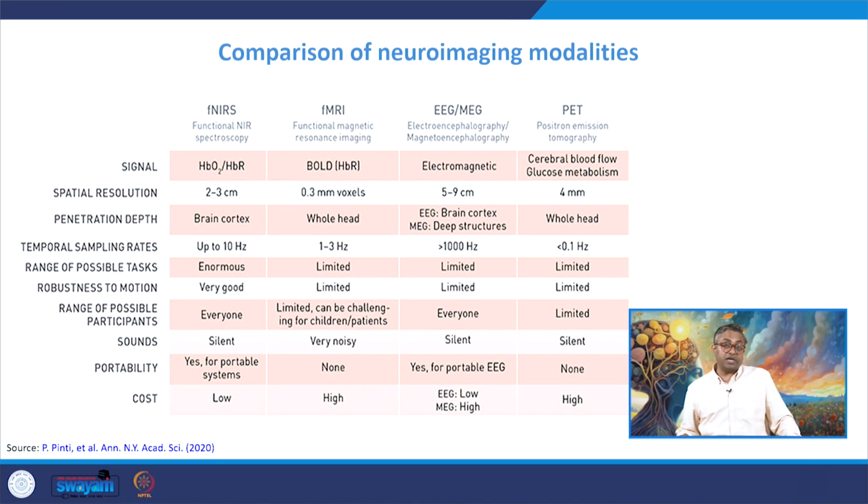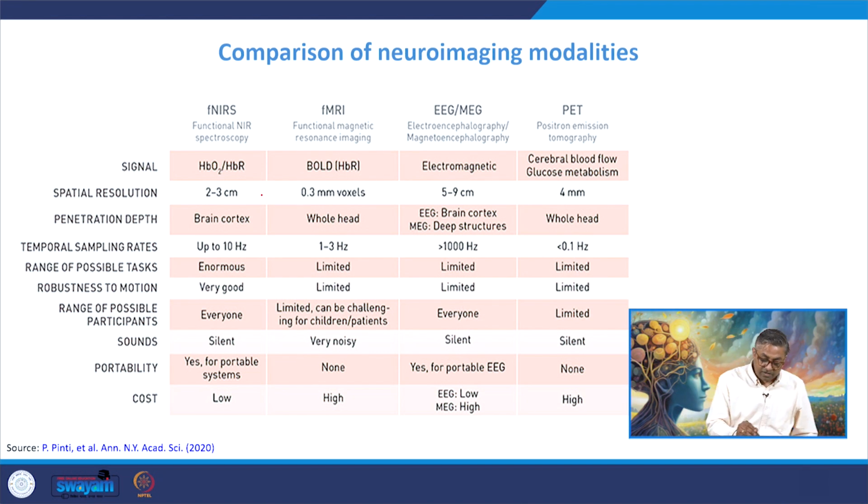As I was telling you earlier, there are different neuroimaging tools, and they are divided on two scales: one is the spatial scale, another is the temporal scale. Some tools are better on the spatial scale, some are better on the temporal scale.